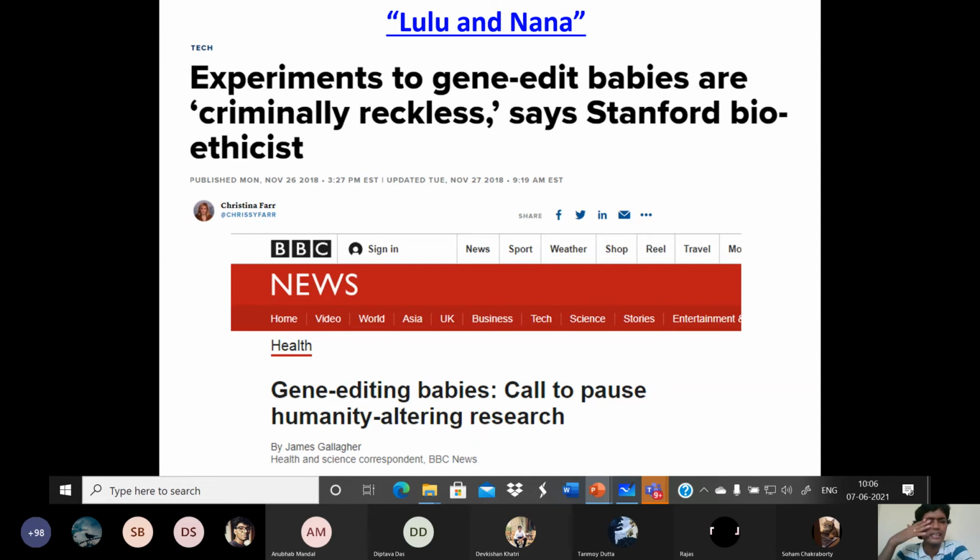Whatever I discussed, like genetic engineering and cloning of genes, those are fine. You are making some useful product in bacteria or in some other cell, a yeast cell, for mankind, for our own benefit. But even in order to do that, we need to take some ethical clearance.